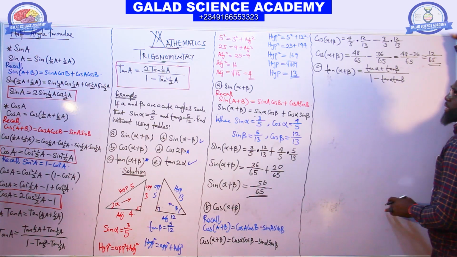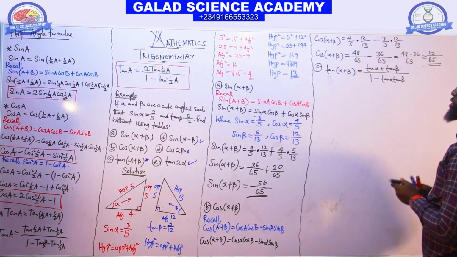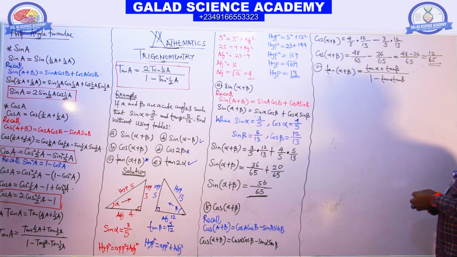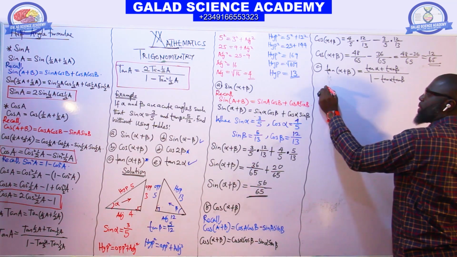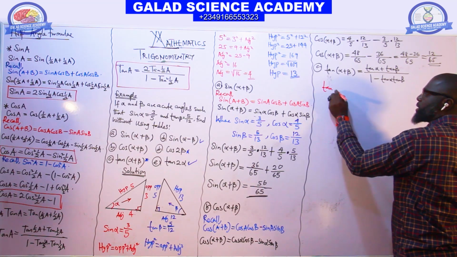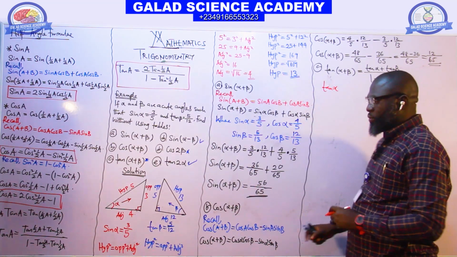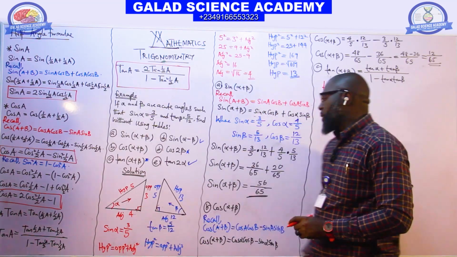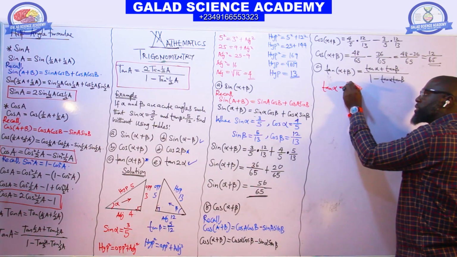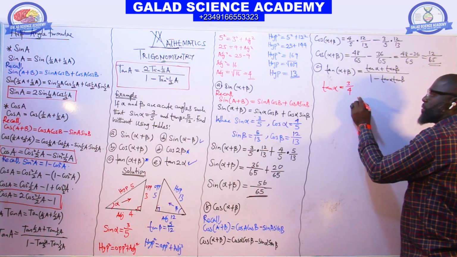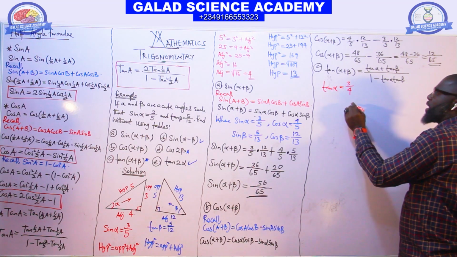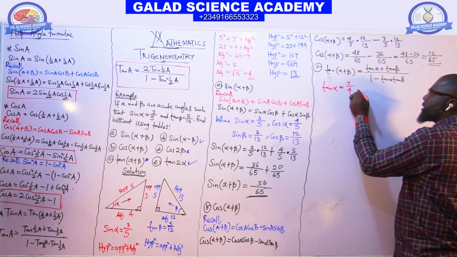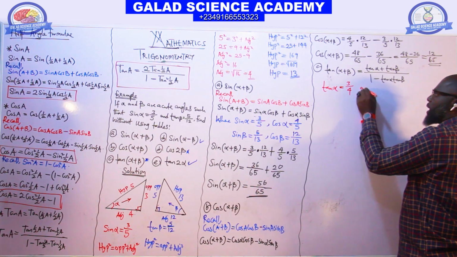So from this expression now, let us find the value for tan alpha. Tan alpha from here is 3/4. So what will be tan beta?